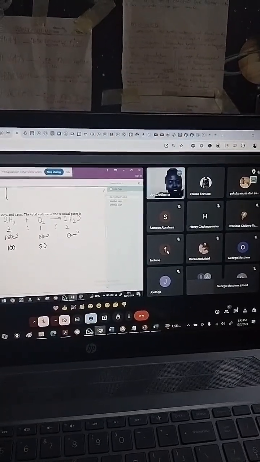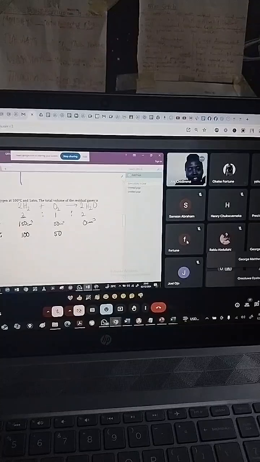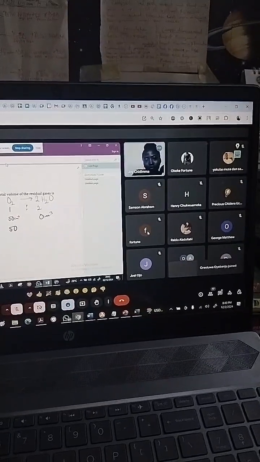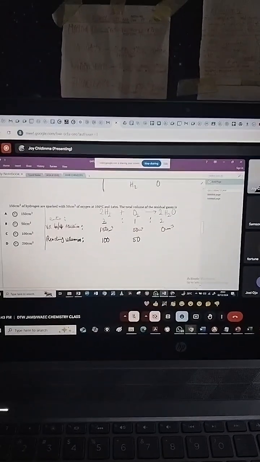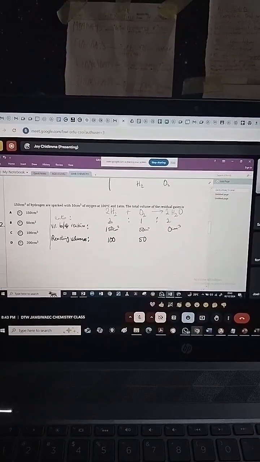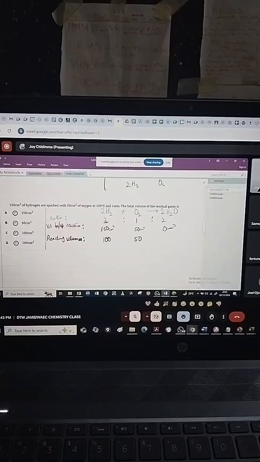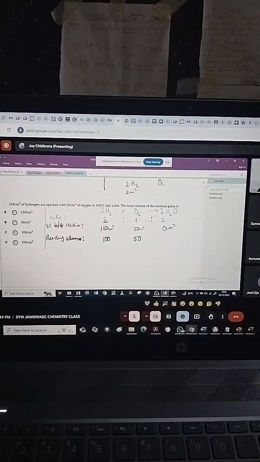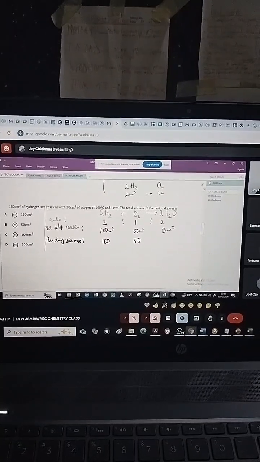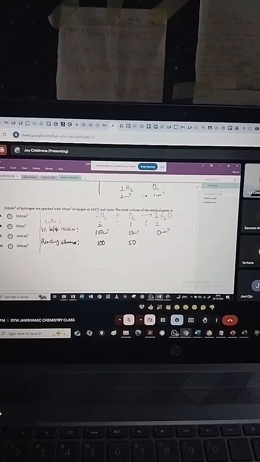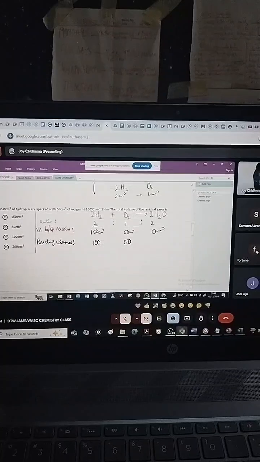Okay. From our equation of reaction, we have hydrogen and oxygen. From our equation of reaction, 2 cm³ of hydrogen requires 1 cm³ of oxygen, right? Yes, ma'am.